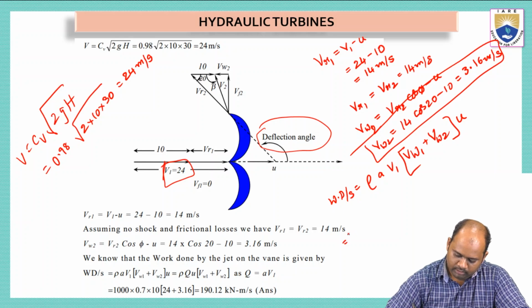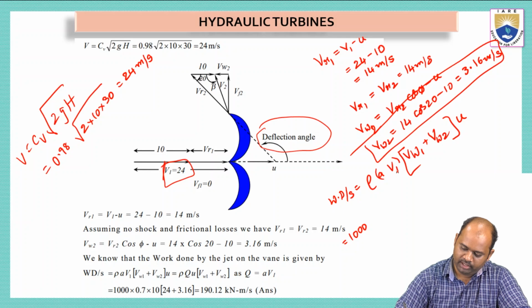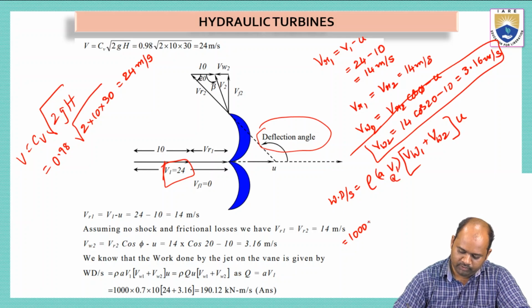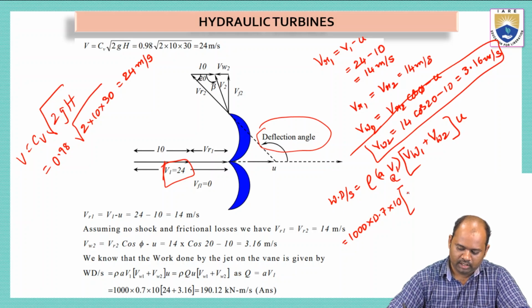From this we can simply calculate. Here a small modification is there: A times V1 is modified as Q. So that is how we got this value, 1000 times 0.7, that is the discharge given in the question, multiplied by 10, the velocity of the bucket, also given in the question, and VW1 plus VW2 is 24 plus 3.16, the whirl velocity at inlet and outlet.